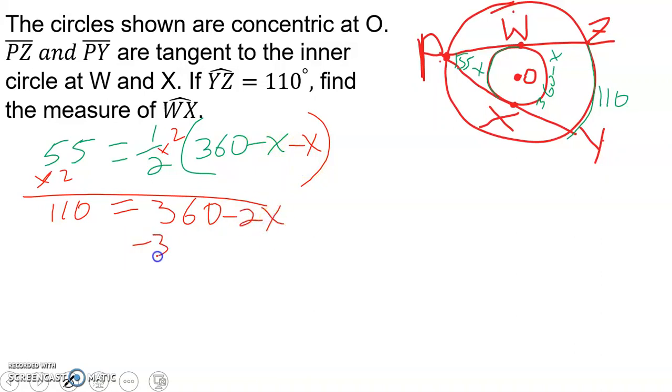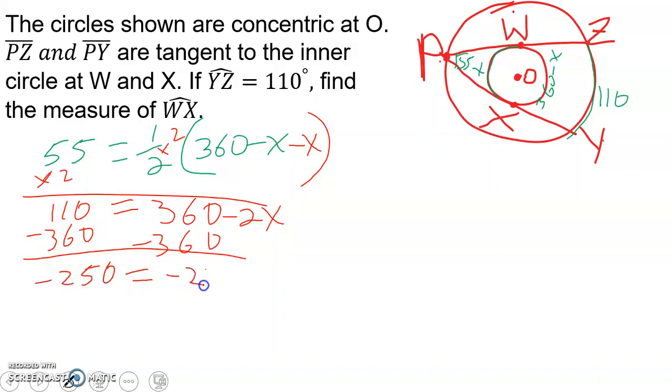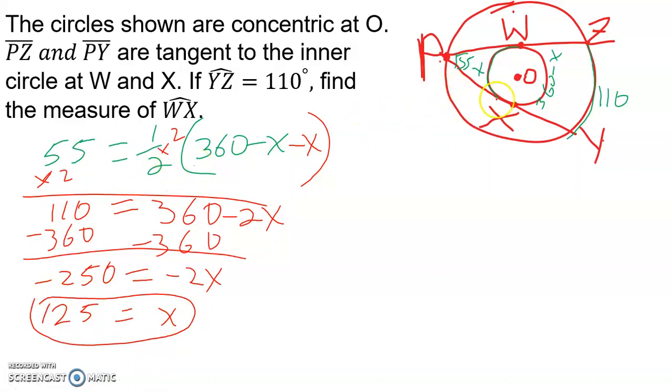And now we can subtract 360 from both sides. 110 minus 360 is negative 250 equals negative 2X. And we can divide both sides by negative 2. Okay, and we get 125. And since 125 is the X, which is the arc we are looking for, XW, that's our answer. Again, we know it's the smaller one because it's written with 2 variables.